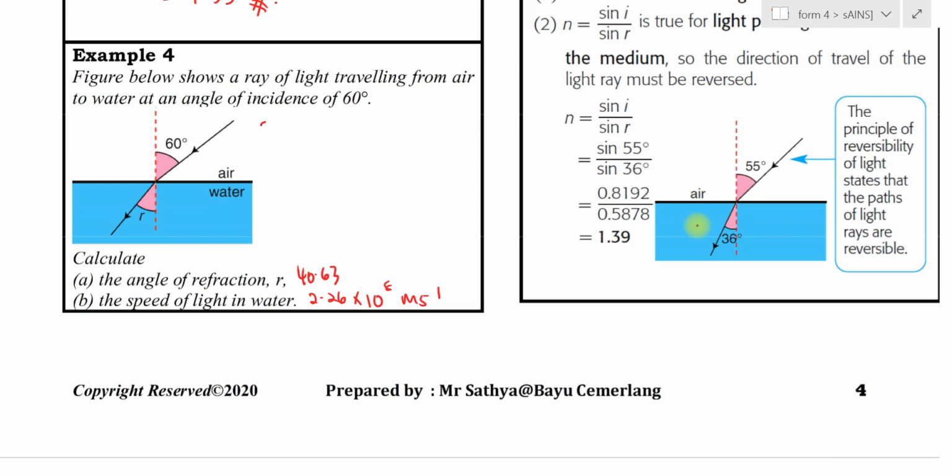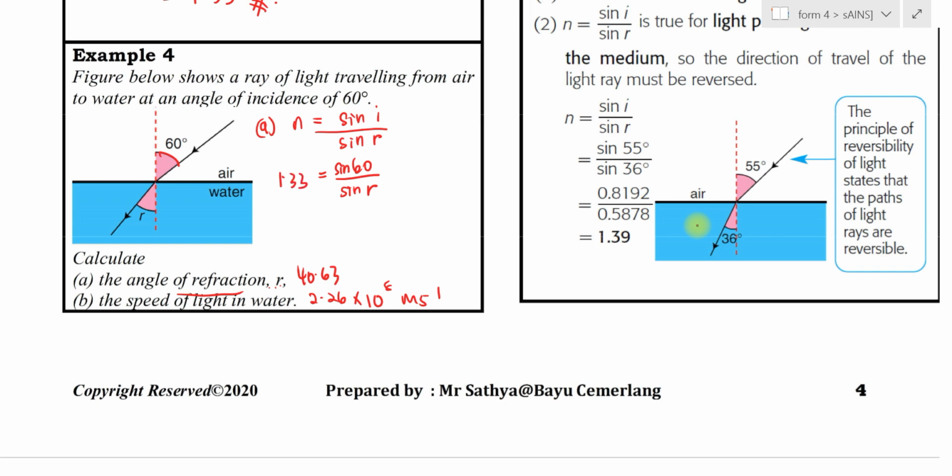So N equals sin I over sin R. Sin I is from air, sin 60, and sin R we don't know.